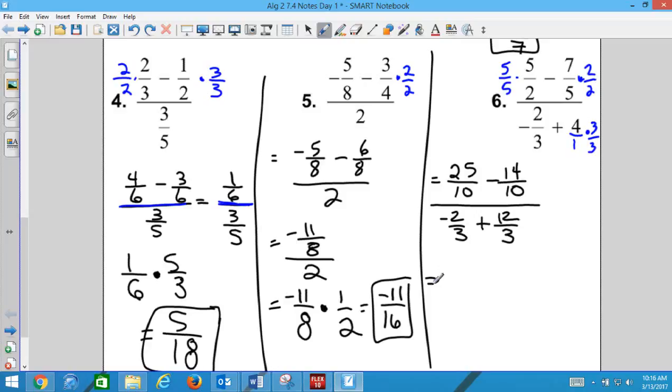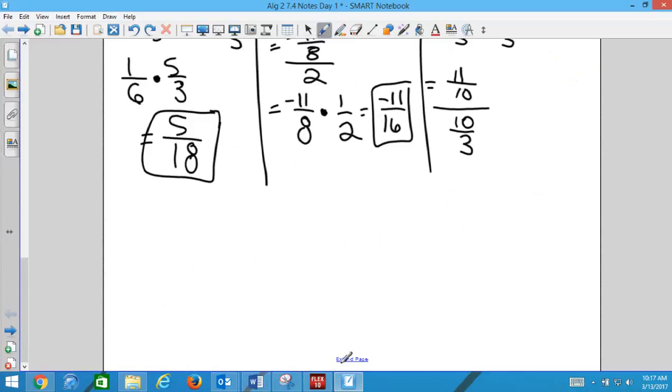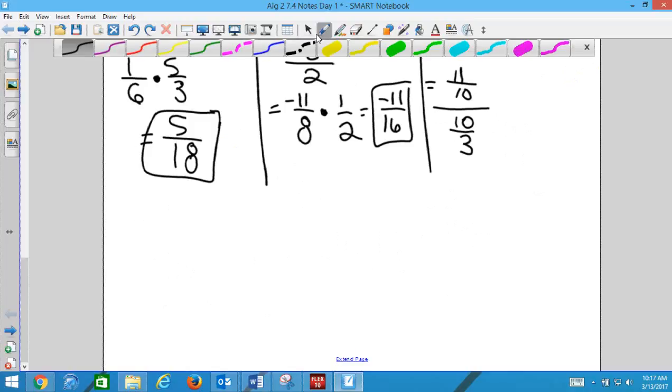So we have 25 tenths minus 14 tenths, which is 11 tenths, divided by negative 2 thirds plus 12 thirds, which is 10 thirds.